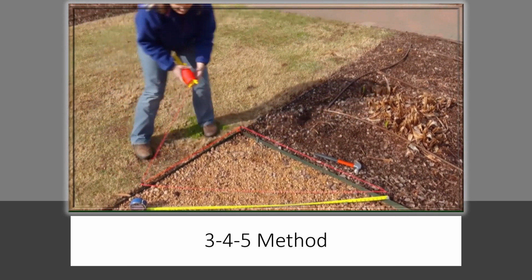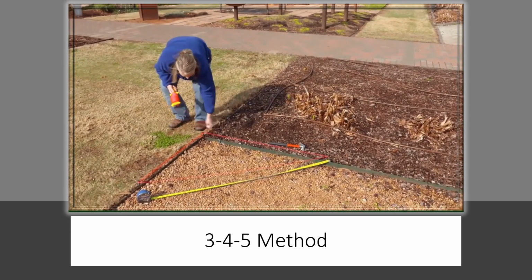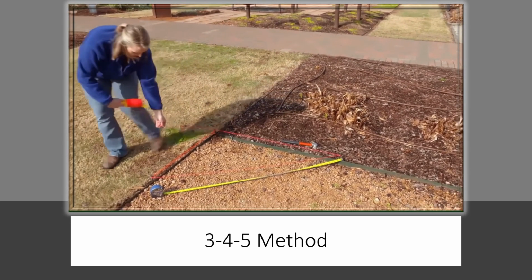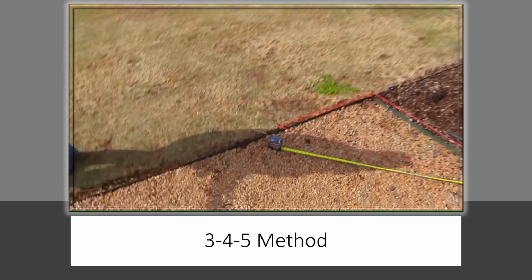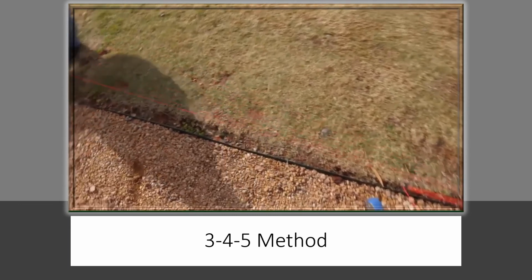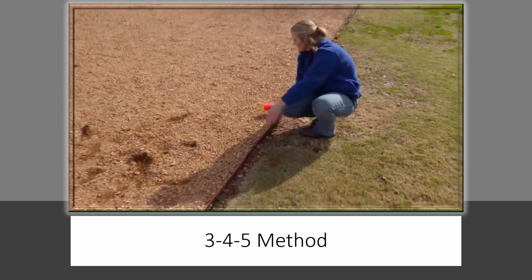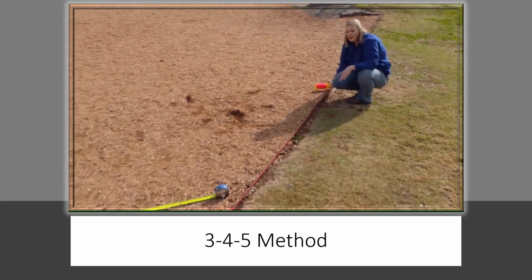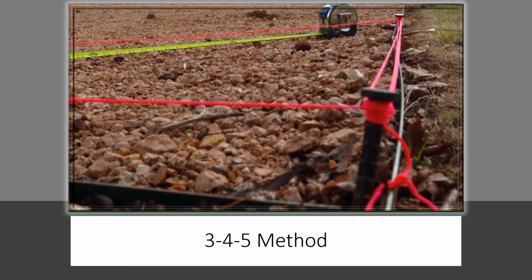At this point, knowing that this is a right triangle, what we can do then is take our string and run it along those 2 pins, and you just want to touch them. And we can run this as long as we want, and we know that we're drawing a straight line and that we have a right corner.